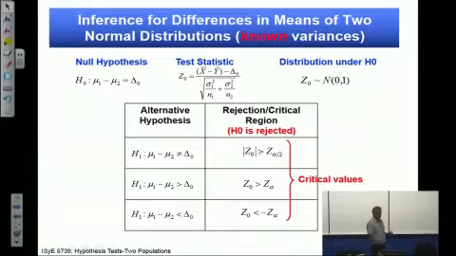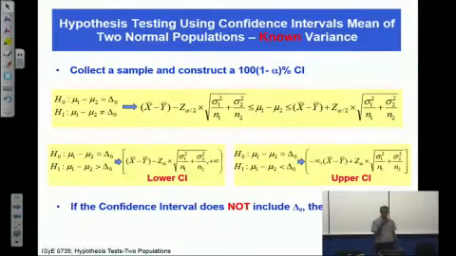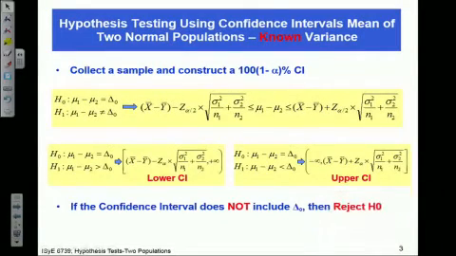So again, the more general case is mu1 minus mu2 is some number, versus it's not that number or greater or less than. We can do hypothesis testing based on a confidence interval: we construct the confidence interval for mu1 minus mu2, and if the delta 0 value belongs to this confidence interval, we cannot reject, otherwise we reject h null.